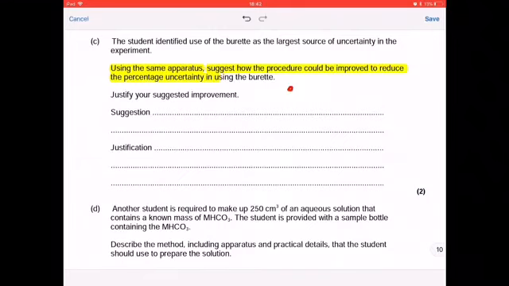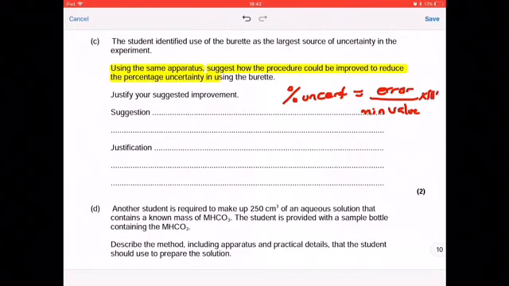Remember that the percentage uncertainty for a piece of apparatus is the error divided by the minimum value measured times 100, and for that reason we need to alter the values in that equation in order to minimize the percentage uncertainty. So because we're using the same apparatus, the error on that piece of apparatus will not change.